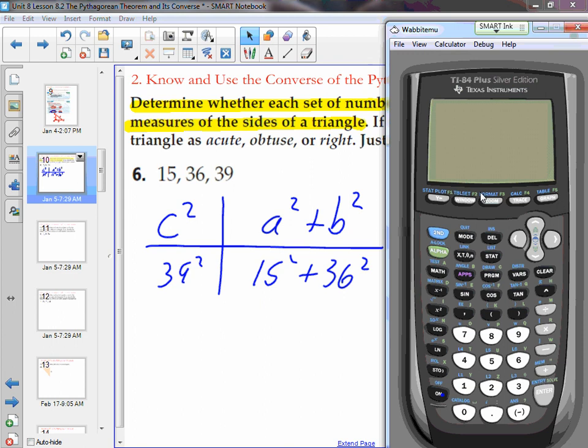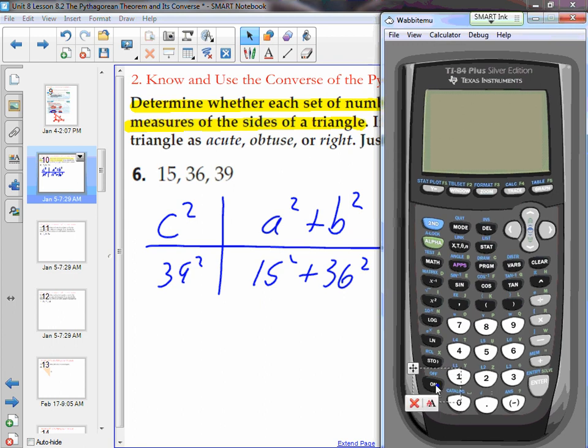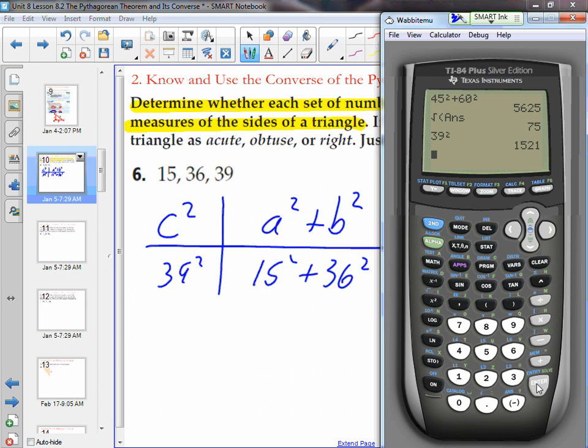All right. So let's see here. 39 squared is 1521. And then I can do the others all in one step. 15 squared plus 36 squared is also 1521.